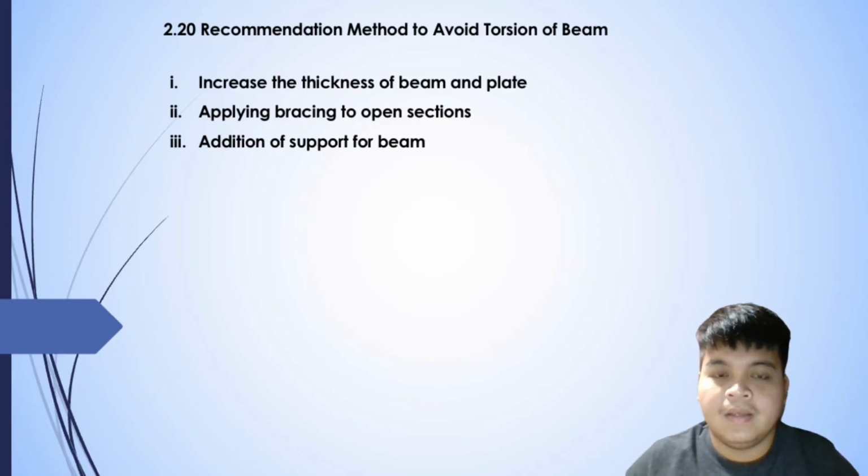I will explain more on the recommended methods to avoid torsion of the beam. As I mentioned just now, firstly, increase the thickness of the beam and plate. By increasing the thickness of the plate and beam, we increase torsional stiffness. This comes at a large weight penalty, so use it sparingly.